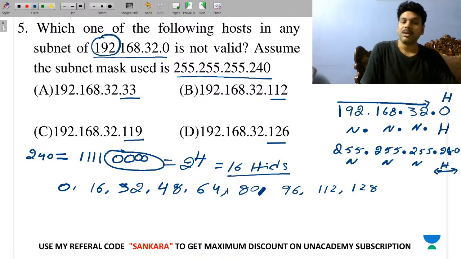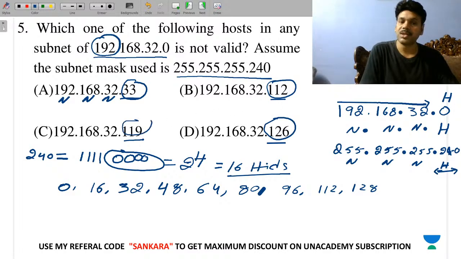Now you tell me, an IP address must not be a subnet ID and must not be a subnet broadcast address. Therefore, my dear friends, if you take 33, because the remaining parts are NID, our intention is the last octet only because we are representing class C. So if you take 33, that is in this range. Therefore, it is valid.